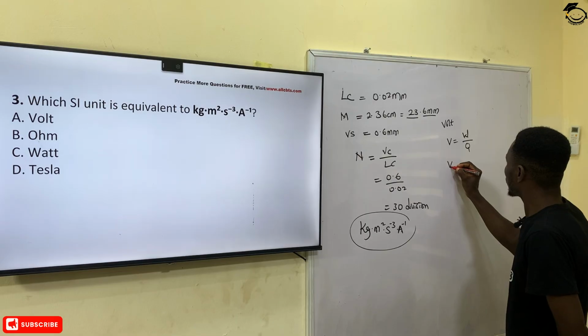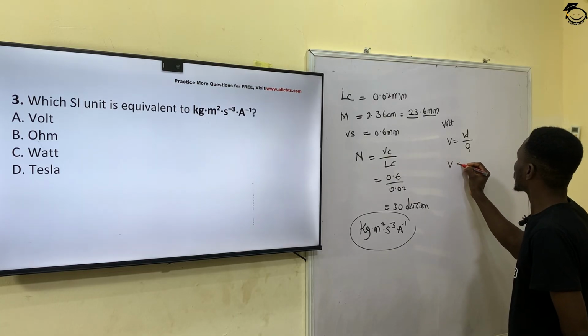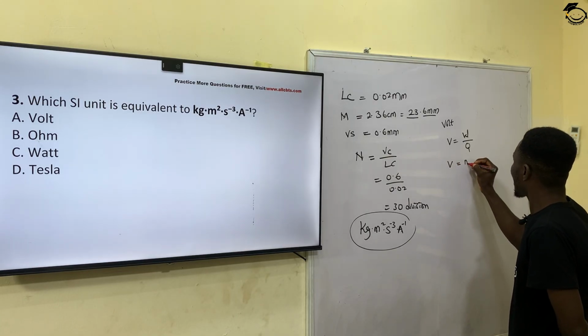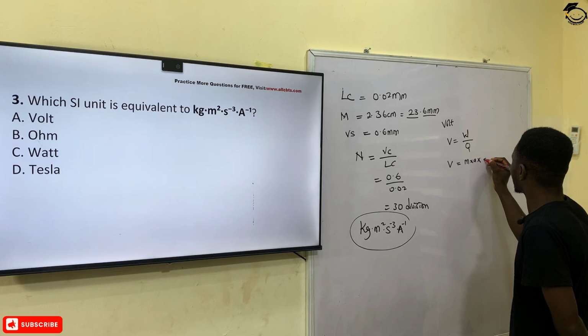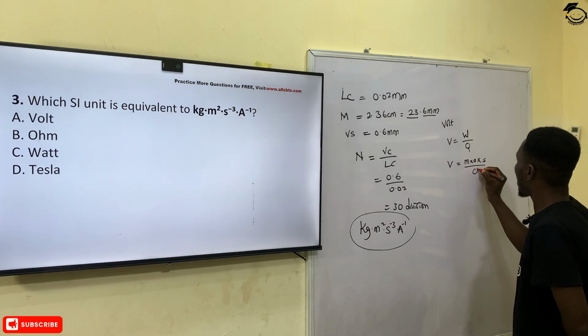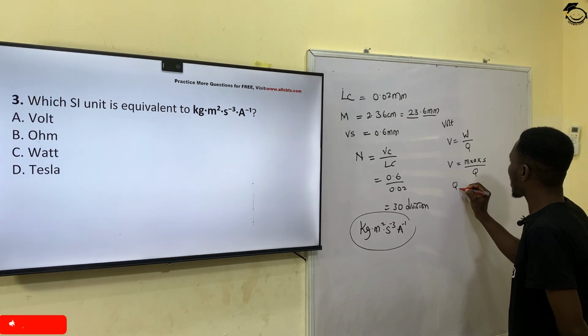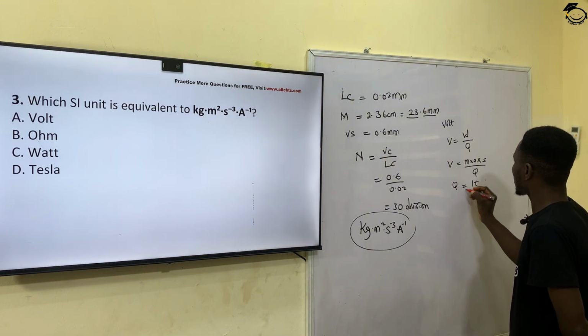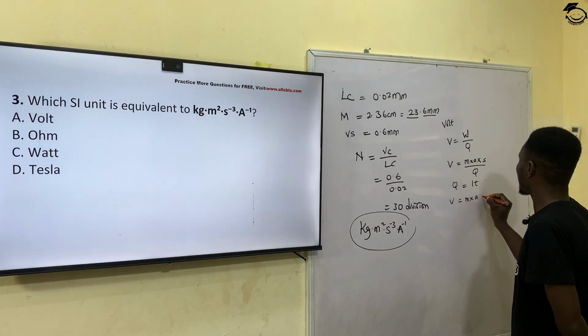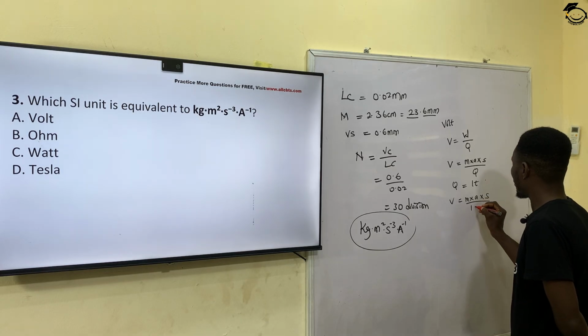That means my voltage is equal to mass times acceleration times distance divided by charge. And we know that charge Q is equal to I times T, so voltage is mass times acceleration times distance over current times time.